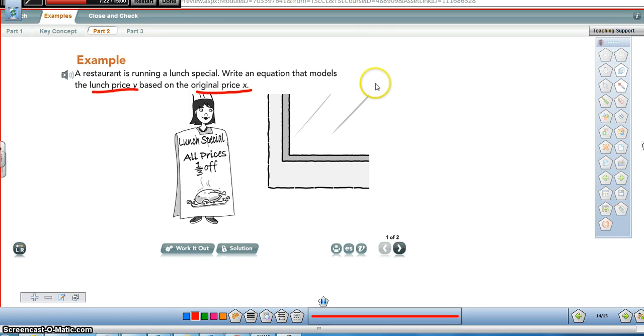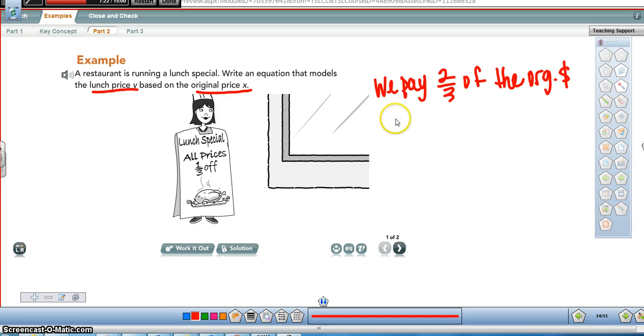So we pay 2/3 of the original price. The lunch price, y, is 2/3 of, is a key word, times the original price, which we have used as x.